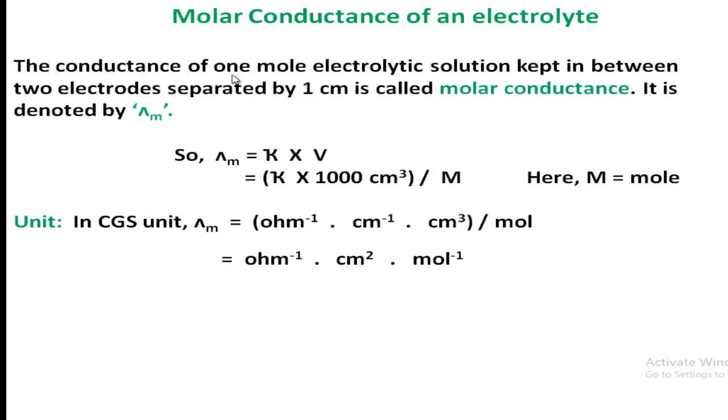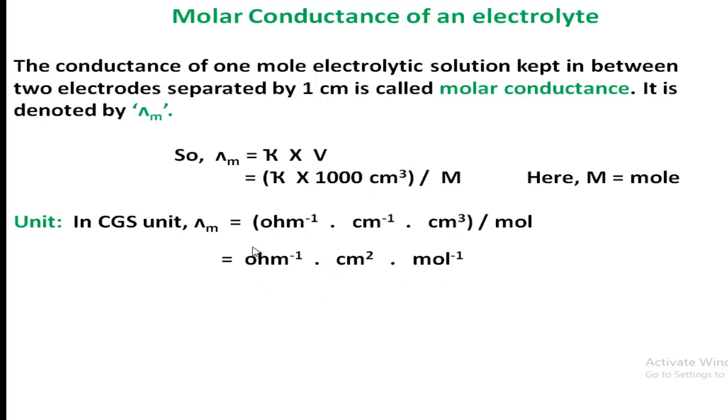The conductance of 1 mole electrolytic solution kept in between two electrodes separated by 1 centimeter is called molar conductance. It is denoted by lambda m. So we can write lambda m equal to kappa into V, where V equals 1000 centimeter cube divided by mole. So we can write its unit in CGS system easily, per ohm centimeter square per mole.